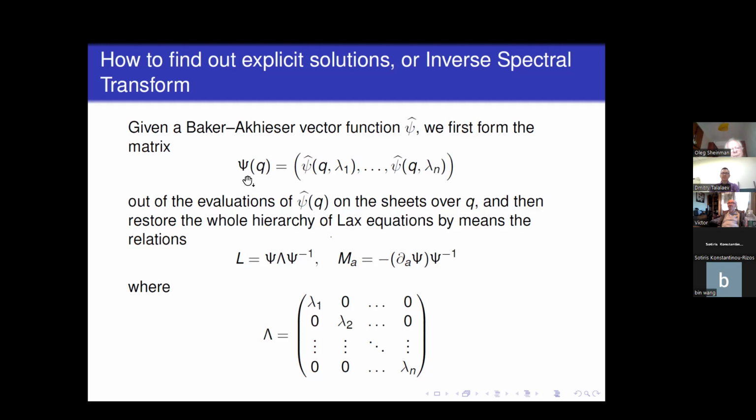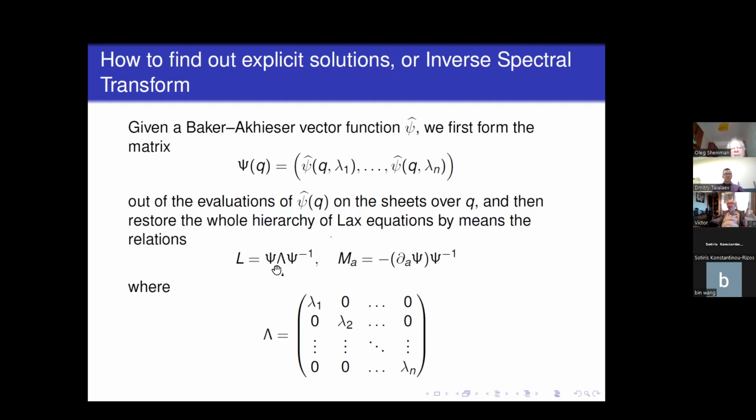Now everything is proved by Igor Krichever: L and M_A can be restored by the following explicit formula.